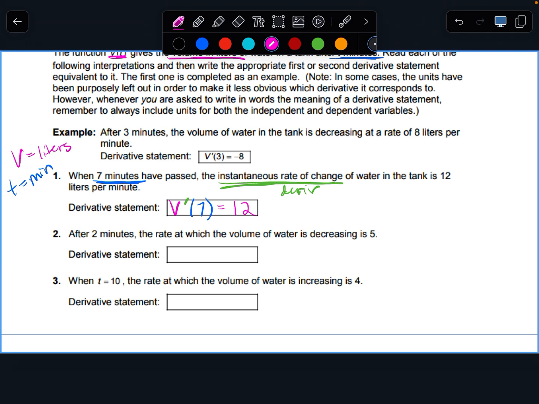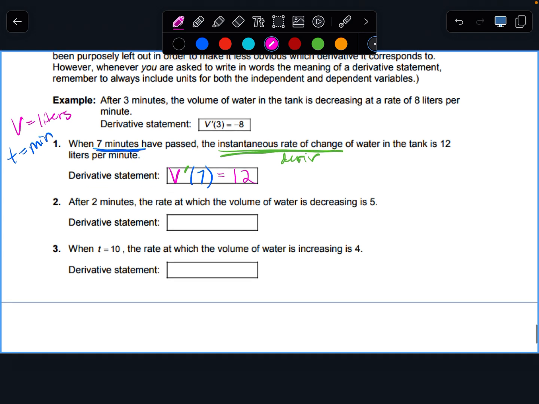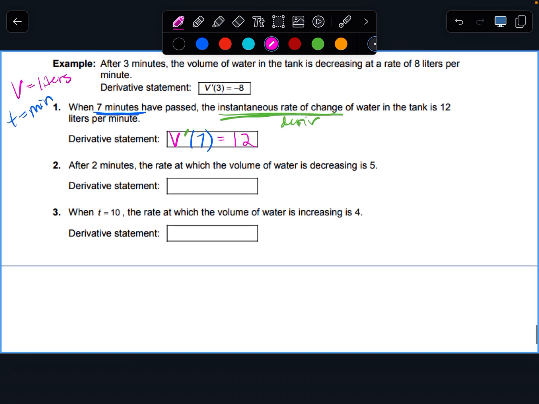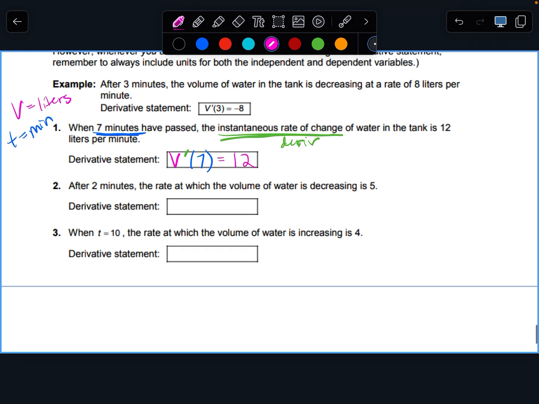Okay, number 2 might get you, maybe. This one is saying after 2 minutes, the rate at which the volume of the water is decreasing is 5. So 2 minutes is time, so at least we got that. And then they're saying rate decreasing, right? So that's derivative stuff. This is going to be volume, derivative, time doesn't change, that's why I like that one.